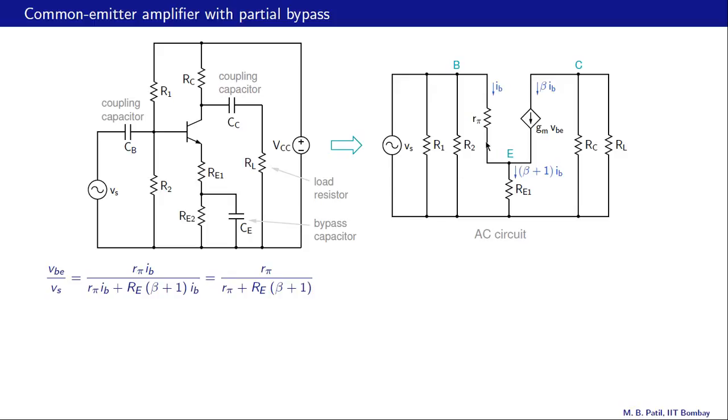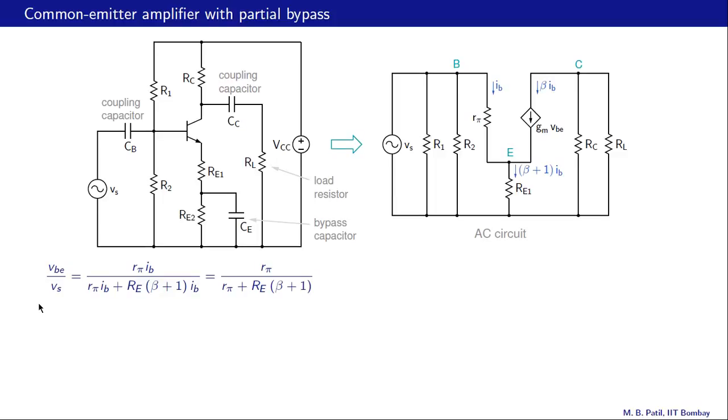It's R pi times IB plus beta plus 1 IB times RE1. So that is what we get for that ratio, and IB is common here, so we get R pi divided by R pi plus RE1 times beta plus 1. And why is this ratio important? Let us see.